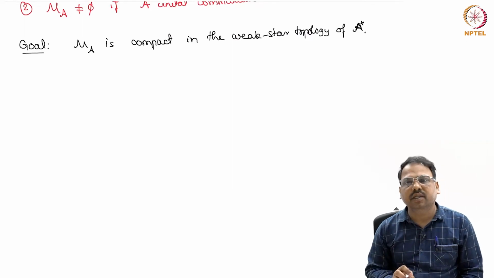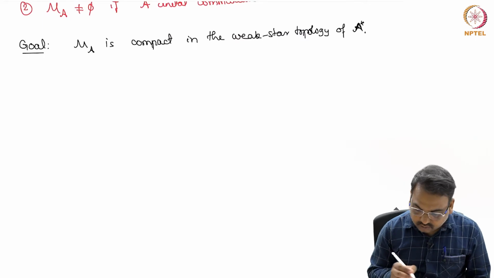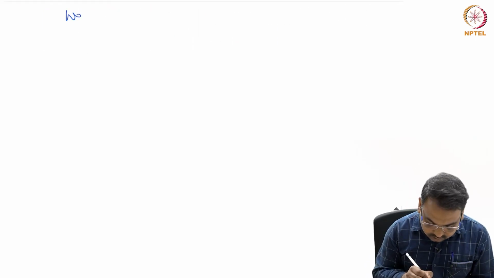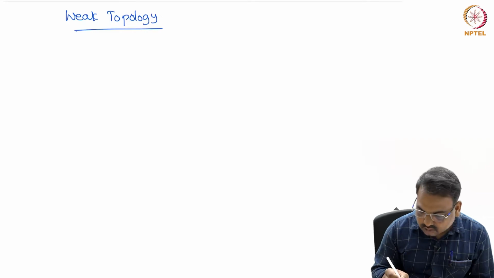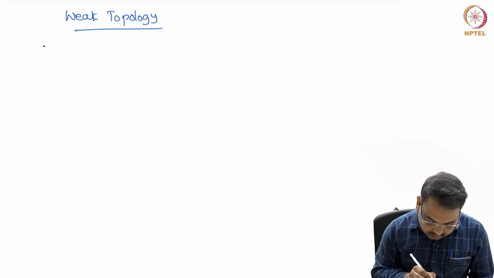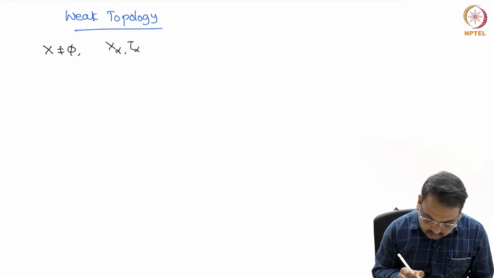Before discussing weak star topologies, we need to discuss weak topologies. So next we discuss that. Suppose X is a non-empty set and X alpha, tau alpha is a family of topological spaces.